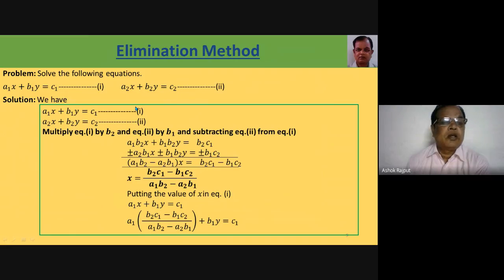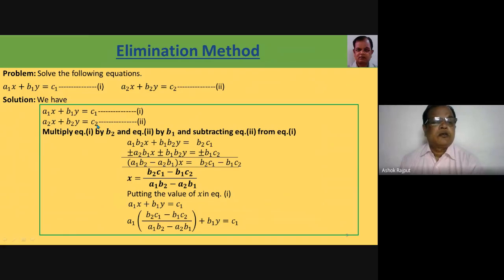As we have these two equations, elimination means we can eliminate any term, x or y, and find the value of the other. So first we decide which term we want to eliminate.